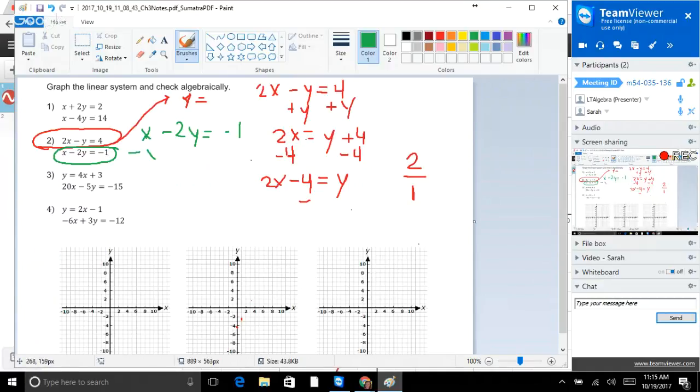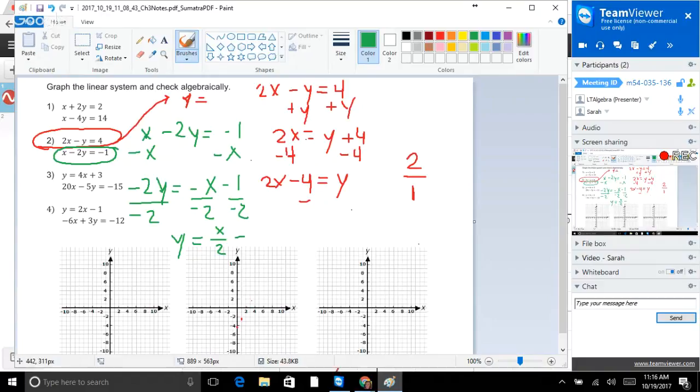Let's subtract x from both sides, and we'll get -2y equals -x minus 1. And then let's divide everything by -2. All right, so we end up with y equals x divided by 2.